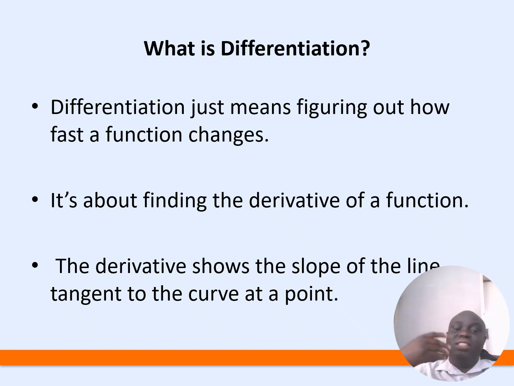The derivative shows the slope of a line tangent to the curve at a point. So those are the three main explanations of differentiation.